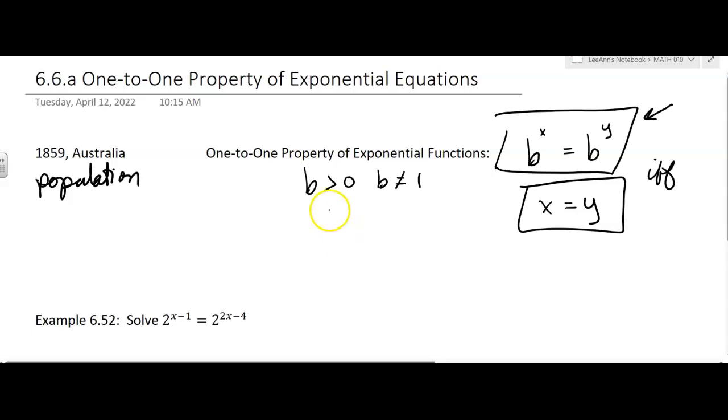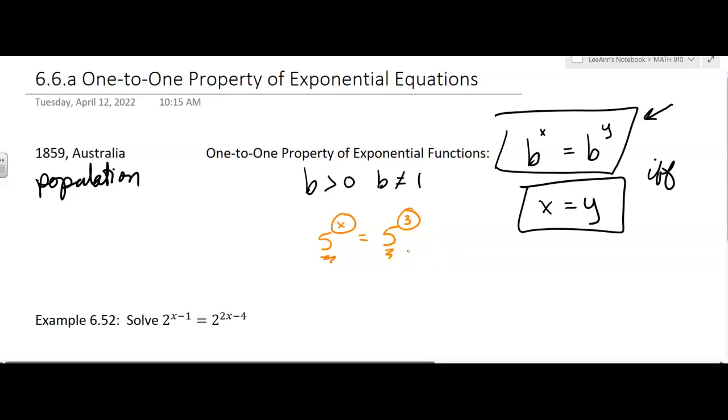But let's say you have something like 5 to the x equals 5 to the third power. Well, then x has to equal 3 because the bases are the same and they're equal to each other. Now, students get confused on why this is. You're not taking a root of both sides. You're not raising both sides to a power. You're not dividing both sides by 5.